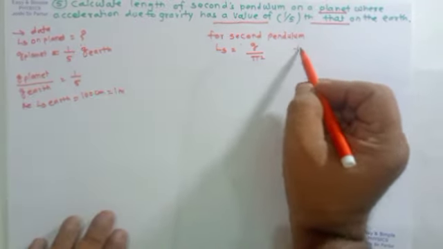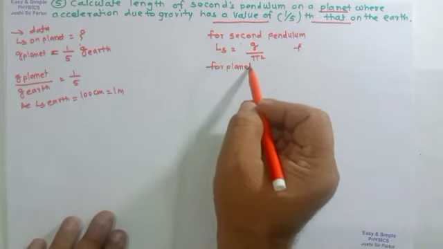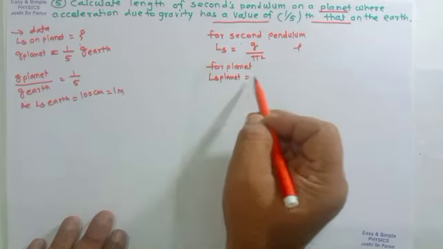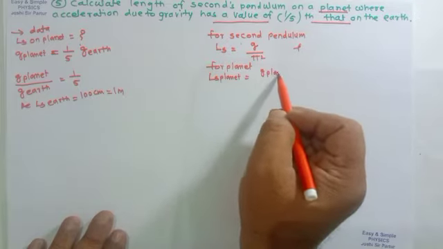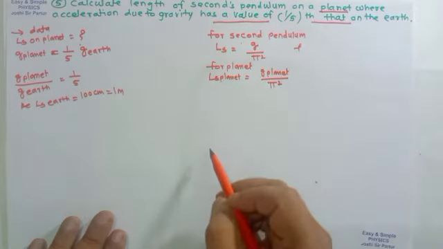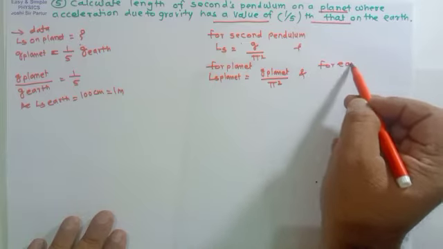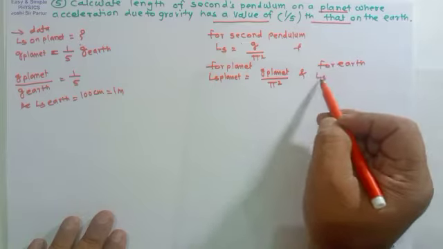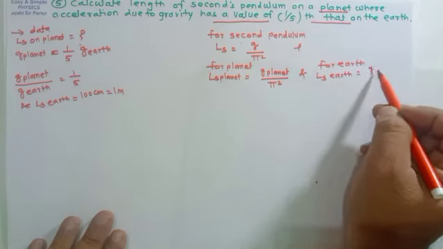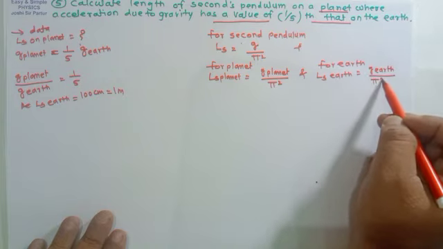For planet, LS planet will be g planet upon pi square, and for earth, second pendulum length on earth will be g earth upon pi square.